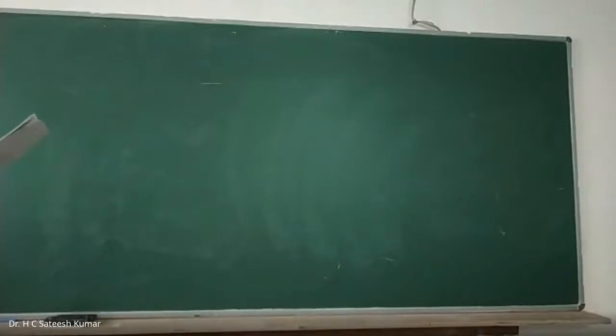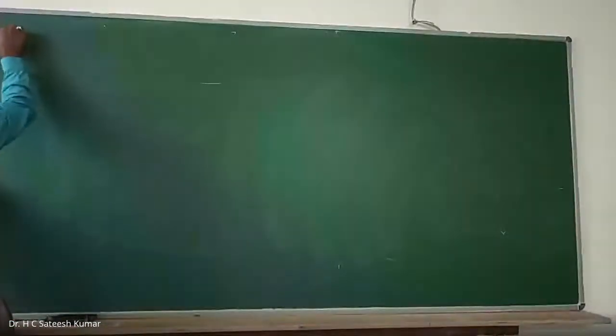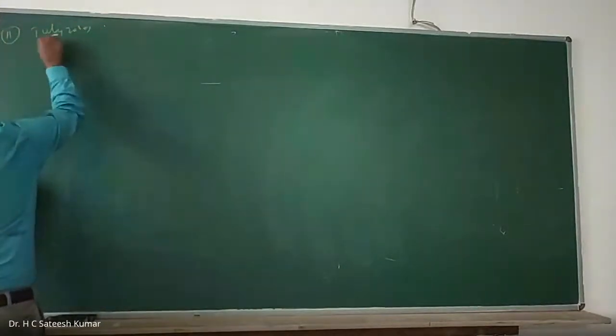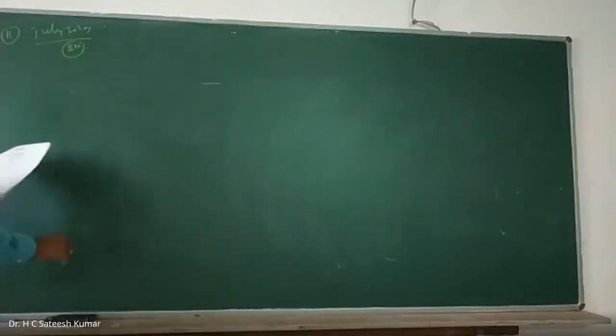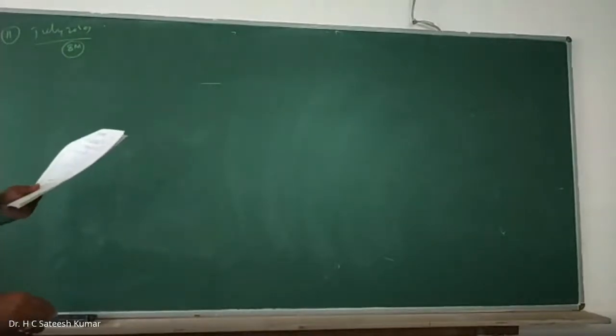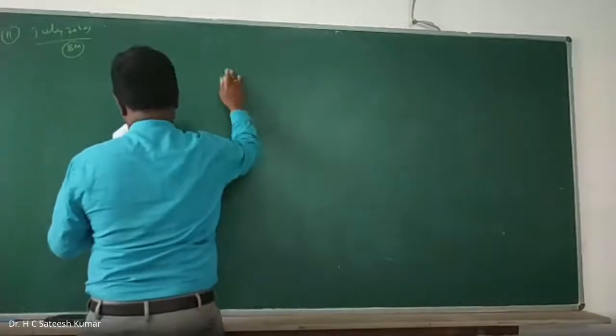If the numbers are changed, please check it out. I will correct it. July 2019, and it was asked for 8 marks. Oh my God. This is the highest we have seen. Find odd and even components of the signal. Find the odd part and even part of the signal shown in the figure, which was 8 marks.